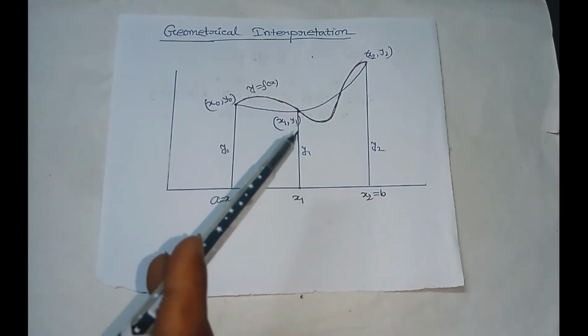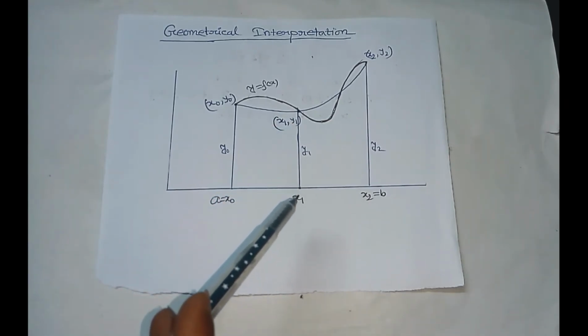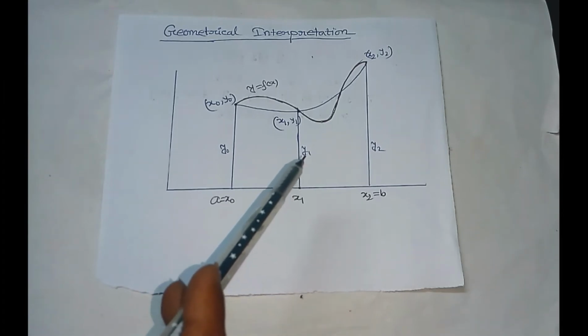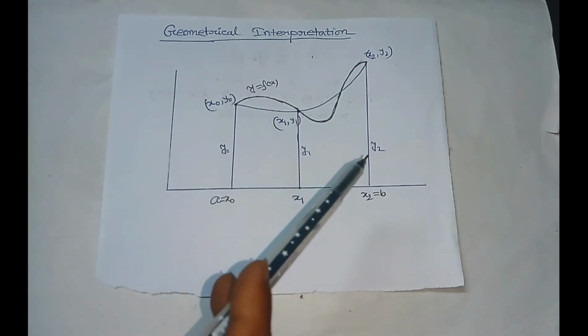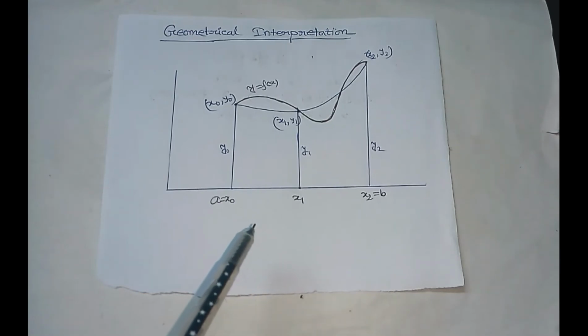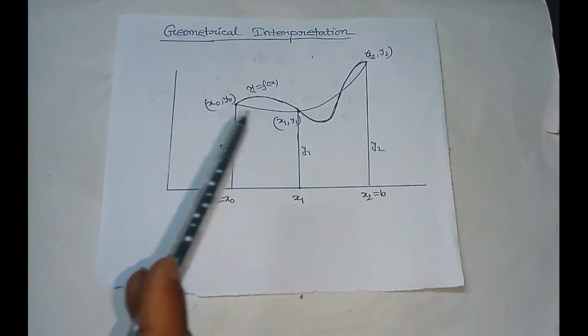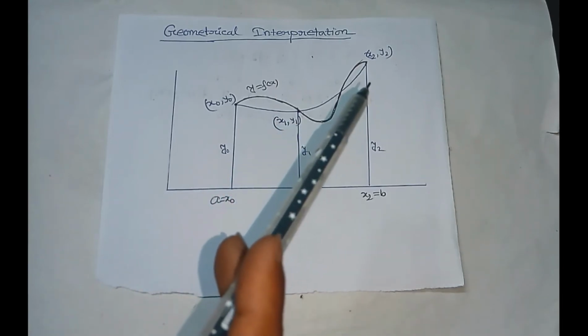The height of this one is y1, the functional value at the point x1, the second ordinate, and this height is y0, the functional value at x0, and finally this height is y2.